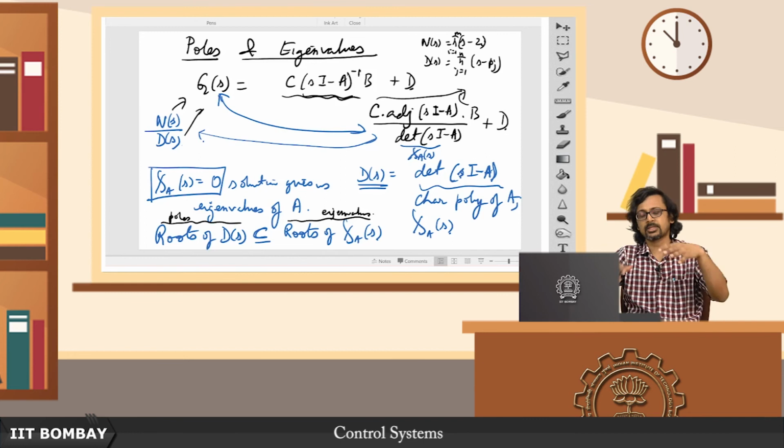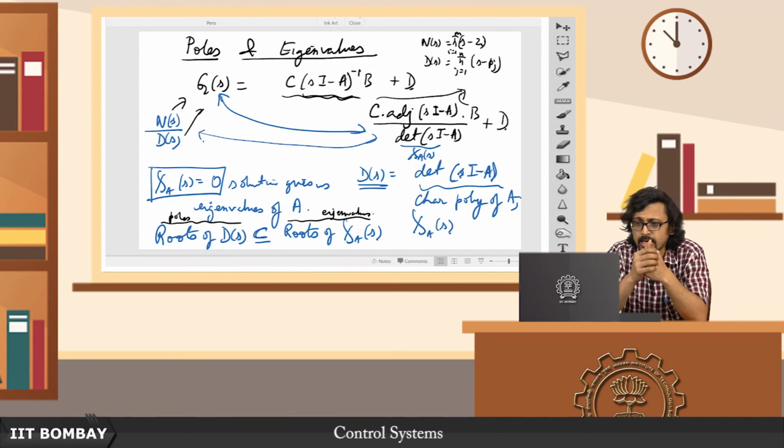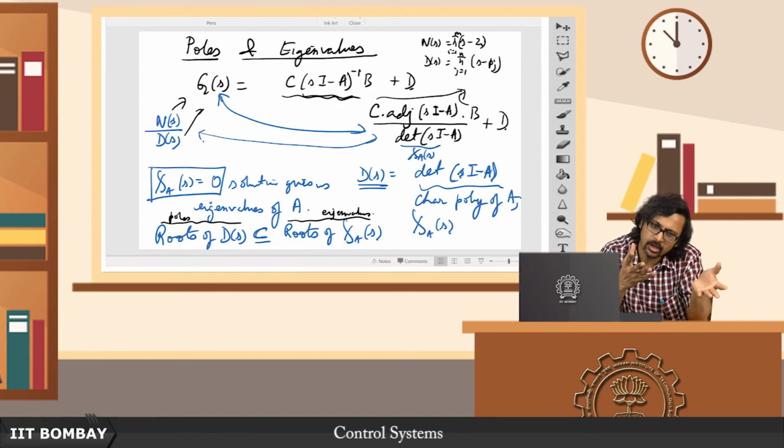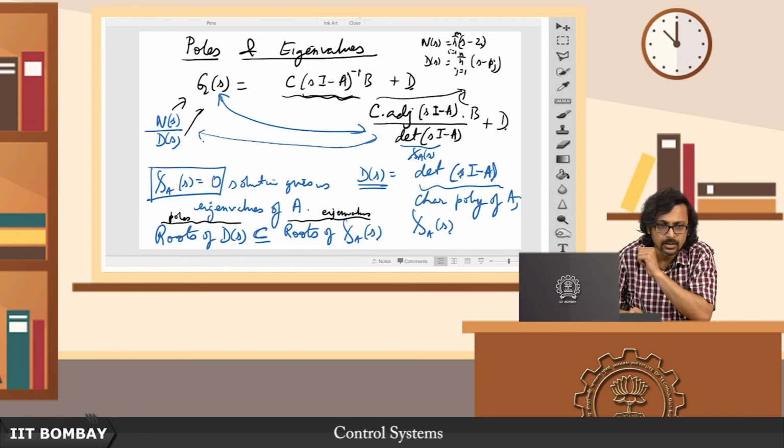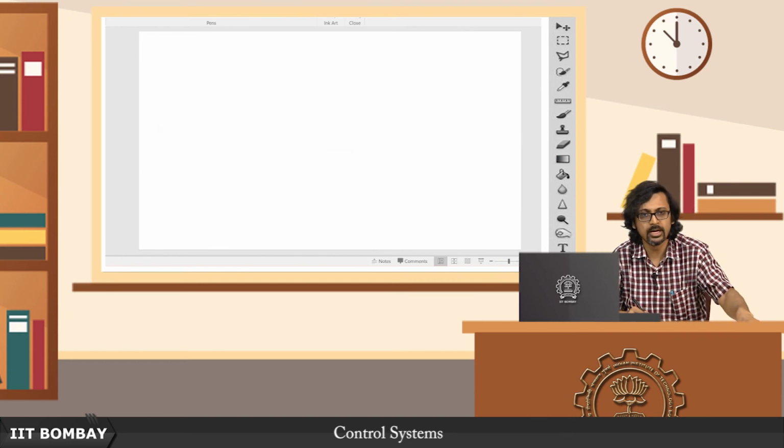Although we loosely use the terms interchangeably, in fact the controller design technique in the state space domain is often called pole placement. But we must be a little careful while making this sweeping statement, so we need to be a little cautious. Every eigenvalue may not be a pole of the transfer function, but every pole of the transfer function is definitely an eigenvalue of the A matrix.